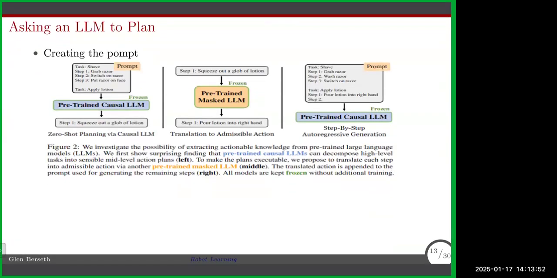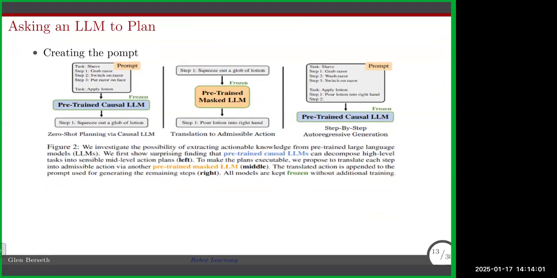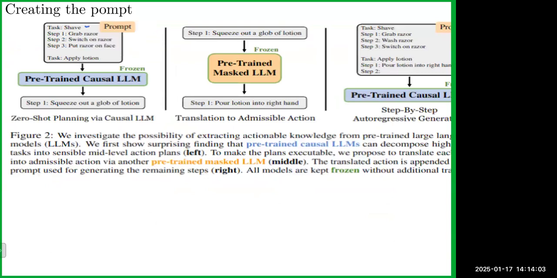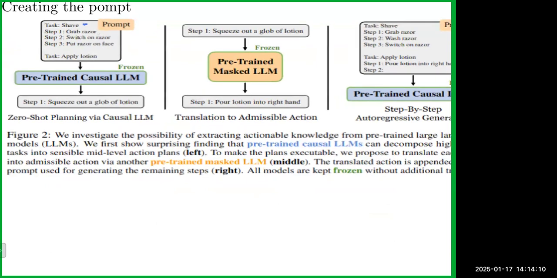Okay, so let's look at some of the options here. There's a start for this in a neat paper about constructing some sort of prompt. In this example, there's some task, shave, for whatever reason the robot needs to shave. I haven't quite figured that part out yet. It asks for some steps, and then the LLM produces: step 1, grab a razor; step 2, switch on razor, I guess it's electric; step 3, put razor to face.